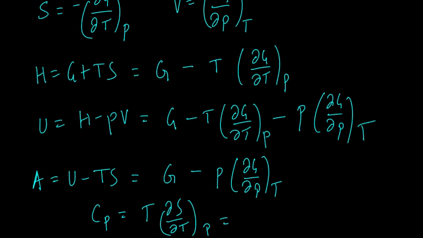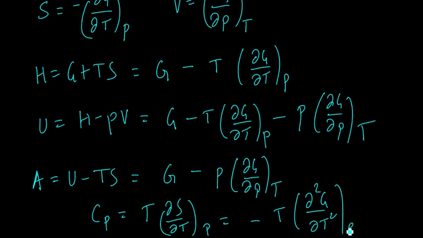So this is T times del S by del T at constant pressure, which, since S is equal to minus del G by del T at constant pressure, you get from the fundamental equation for dH, nothing else. So this is nothing but minus T del square G by del T square.